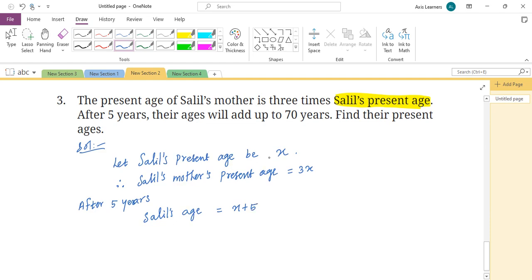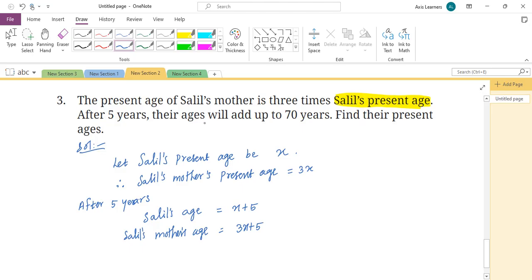The present age is x. After 5 years it will be x plus 5. And Salil's mother's age is equal to 3x plus 5. Okay, so we found both the cases.